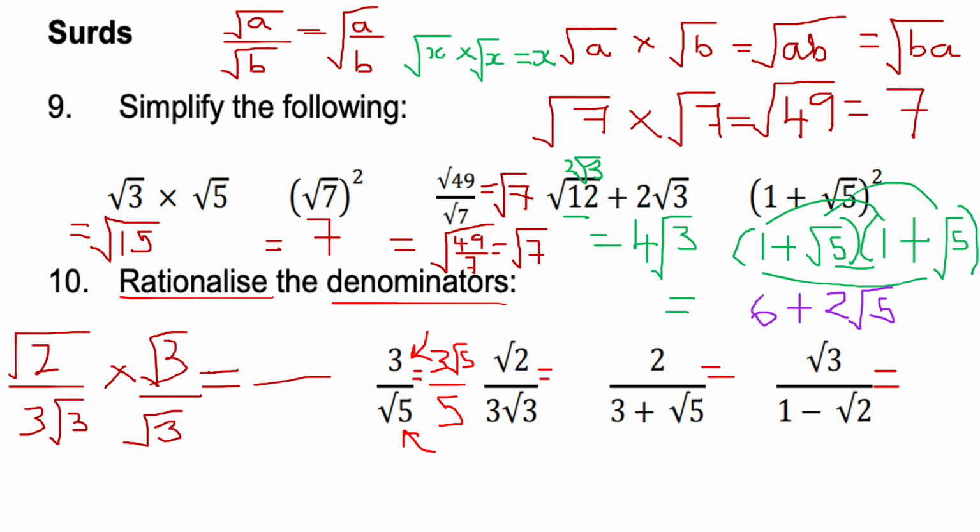So root 2 times root 3 becomes root 6. 2 times 3 is 6. 3 root 3 times root 3.